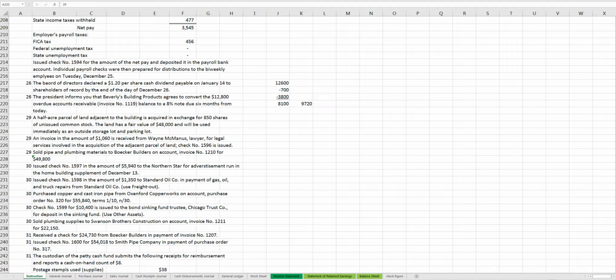It's not a purchase, not a sale, not a cash transaction. So we're going to report this transaction in the general journal. We have learned this already, right? So basically, we're going to debit land and credit common stock and credit paid-in capital in excess of par.